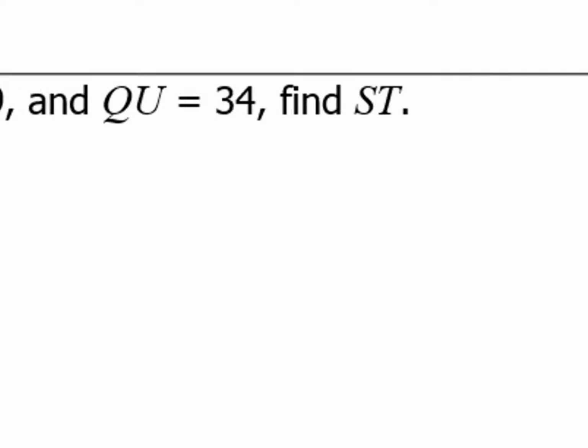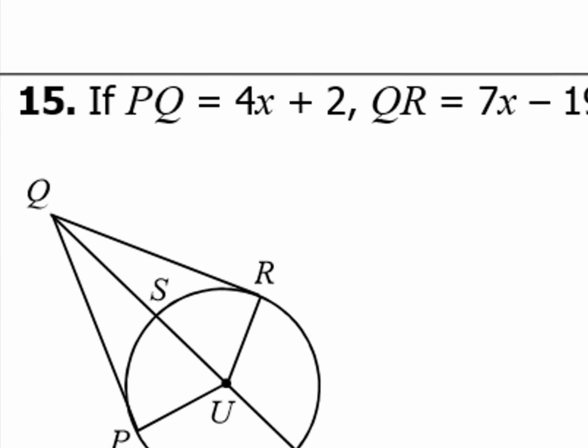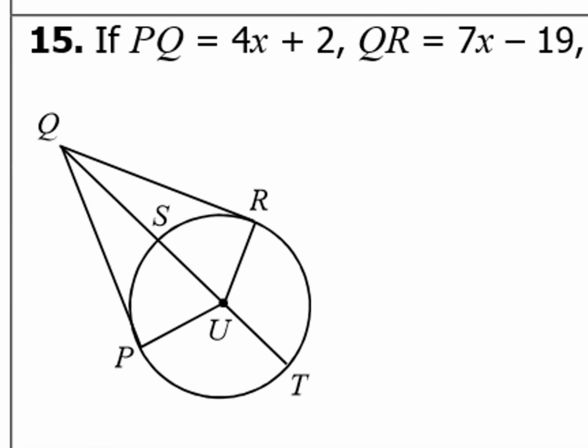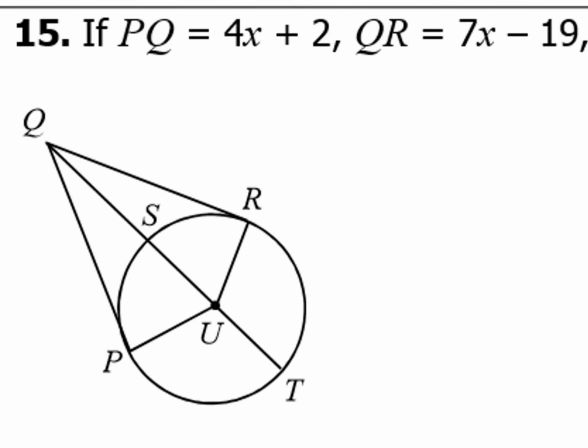All right, and on to 15. We have to find ST. ST, find the diameter basically. All right, so they gave us PQ. They gave us QR.